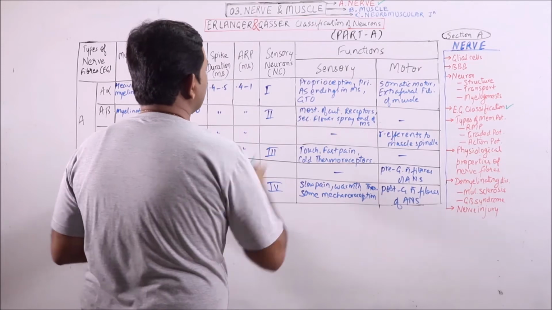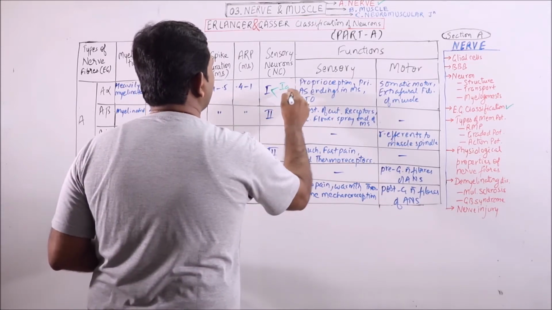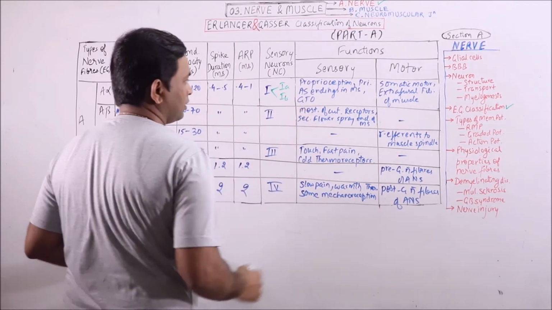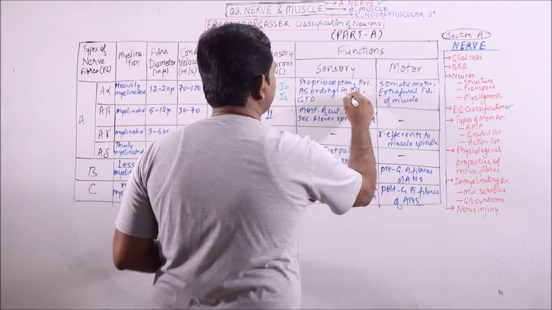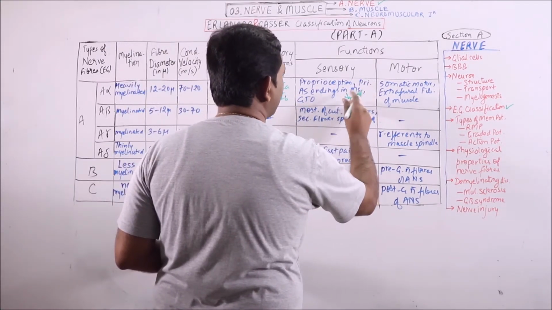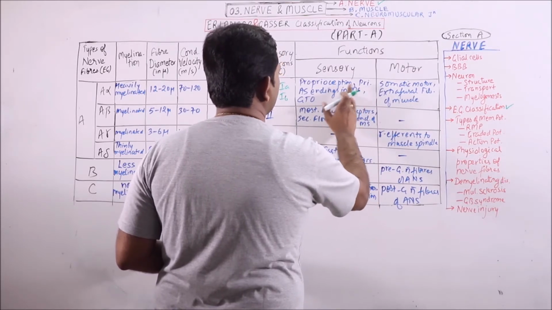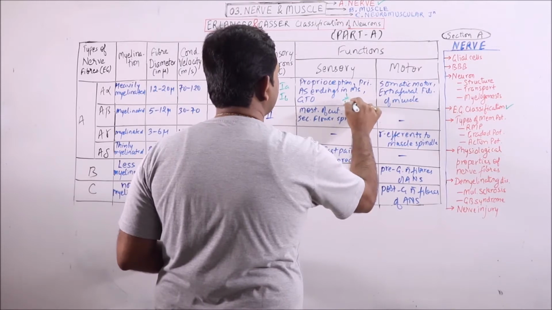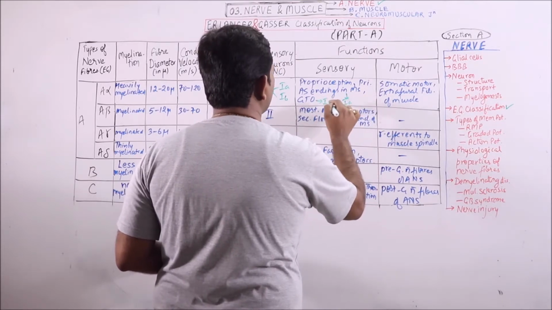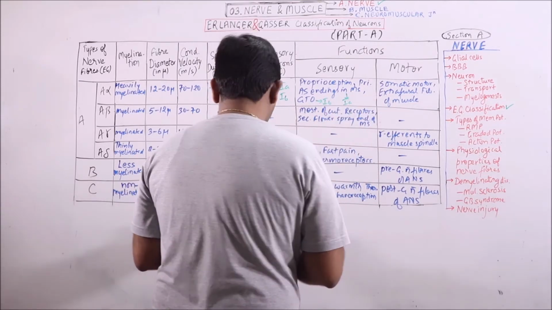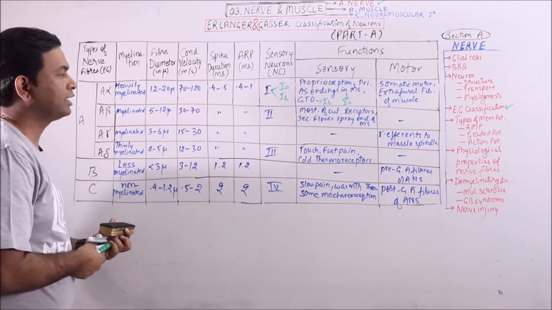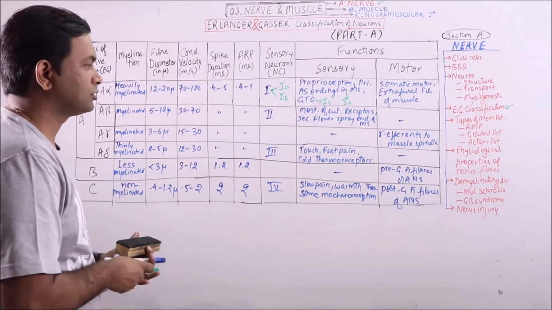This can be further classified into first A and first B. In primary annulospiral endings we can observe first A, while in GTO we can observe first B. So this is the Erlanger Gasser classification along with the numerical classification of sensory neurons.